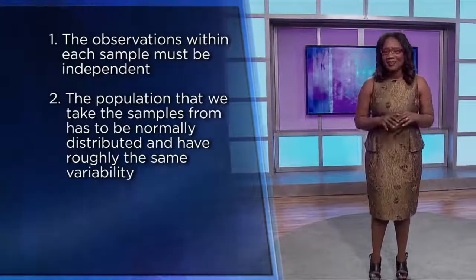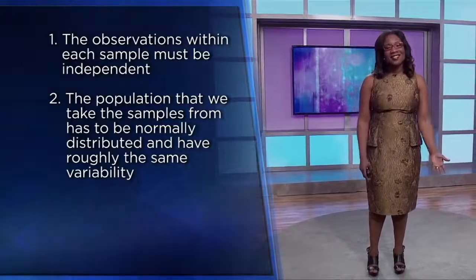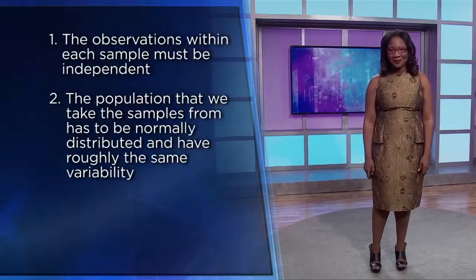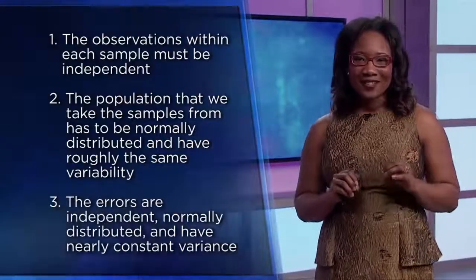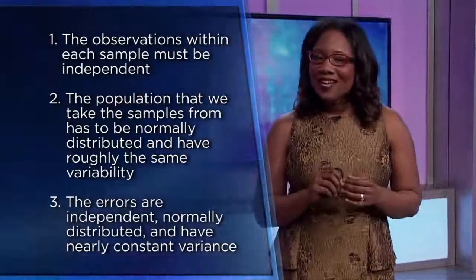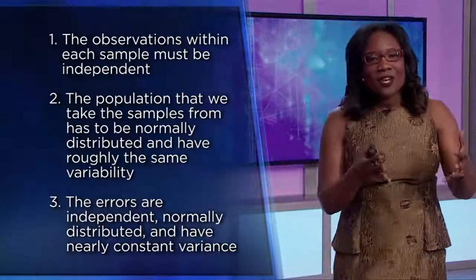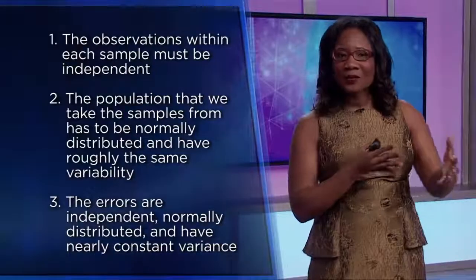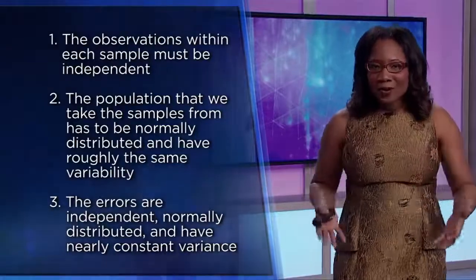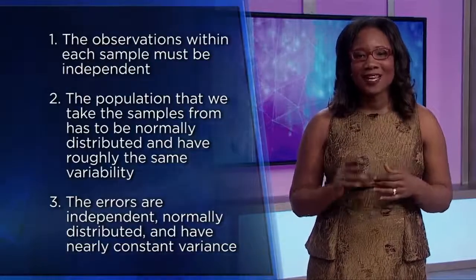If we violate that assumption of homogeneity of variance, well, it risks getting invalid test results. Third, the errors are independent, normally distributed, and have nearly constant variance. So Fisher sought to meet all 3 of these assumptions with the fertilizers that were assigned randomly and growing all the plants in the same field, the same year, with the same method.